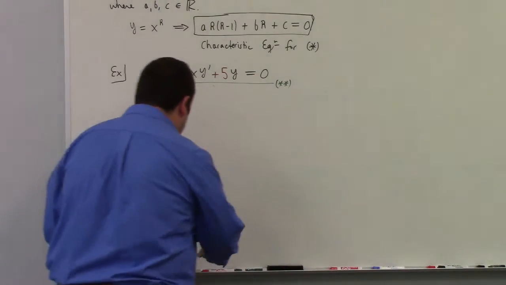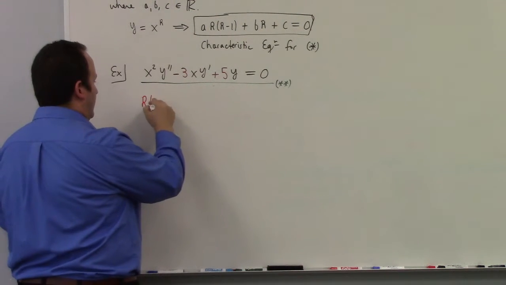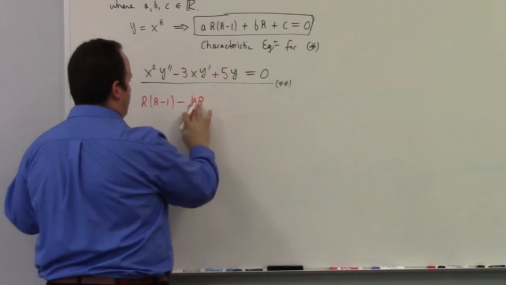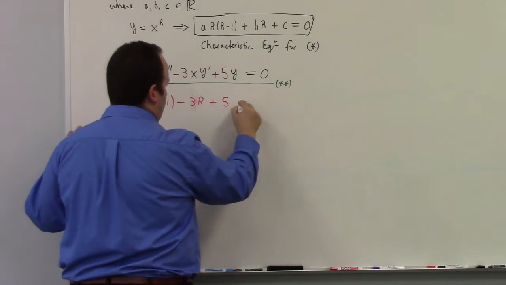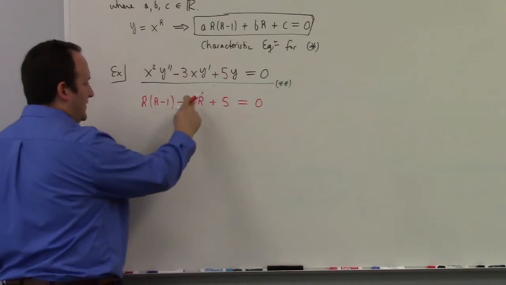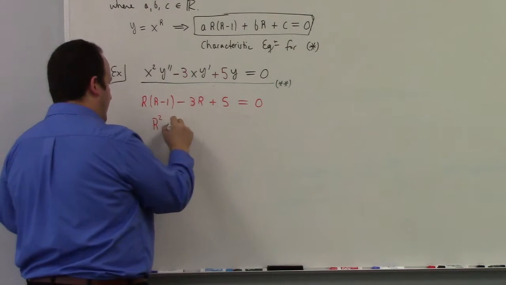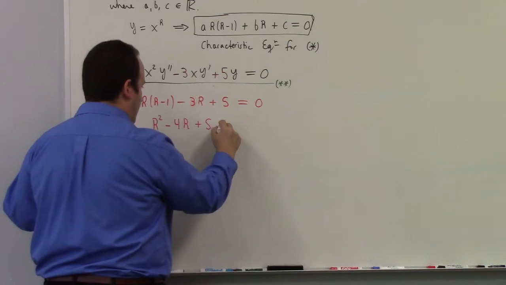Okay, so my characteristic equation is r times r minus 1 minus 3r plus 5 equals 0 by the usual calculation here. And that gives me r squared minus 4r plus 5 equals 0.